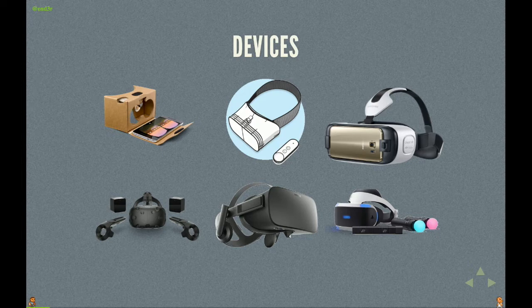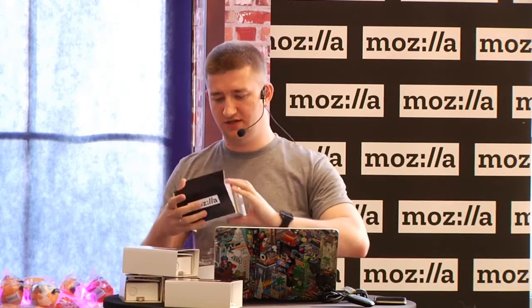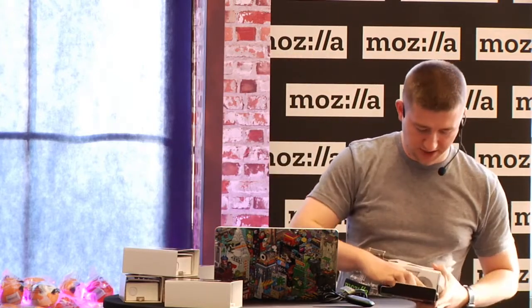The most simple device you can use is the cardboard, which you can just take from a piece of cardboard, as the name says, and build something to which you can put your smartphone in, and this alone is enough to experience VR with your own smartphone. So you basically don't have to buy expensive hardware to experience VR and WebVR.